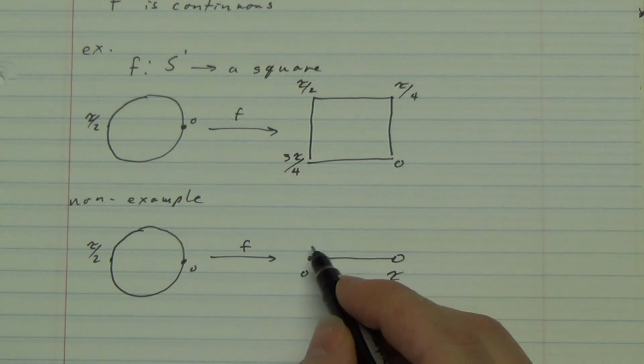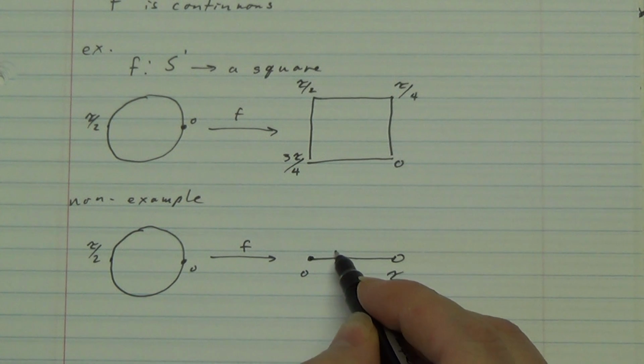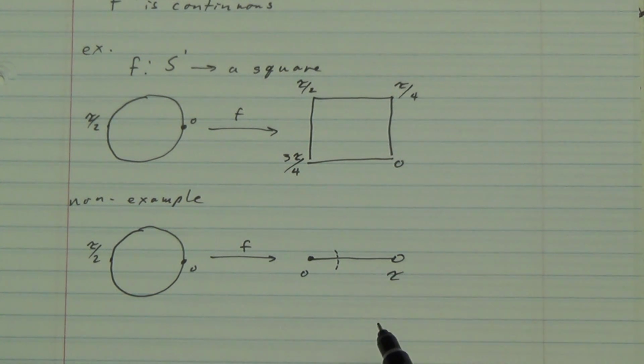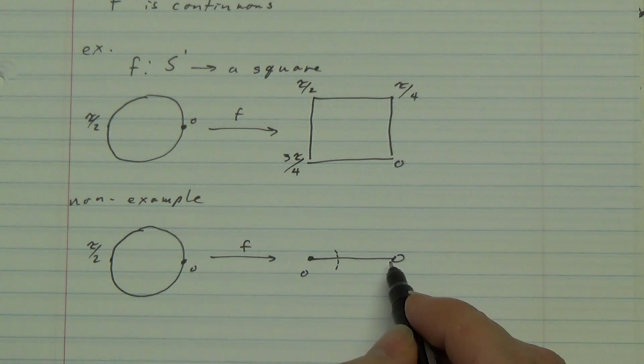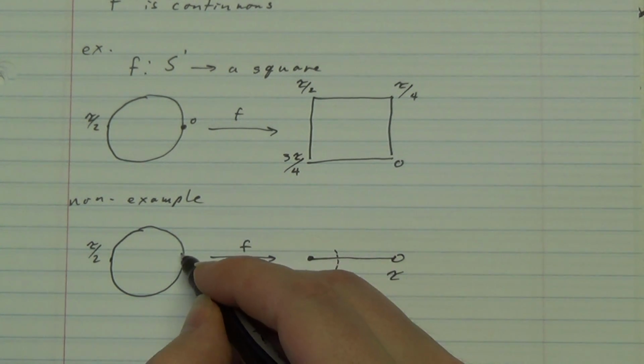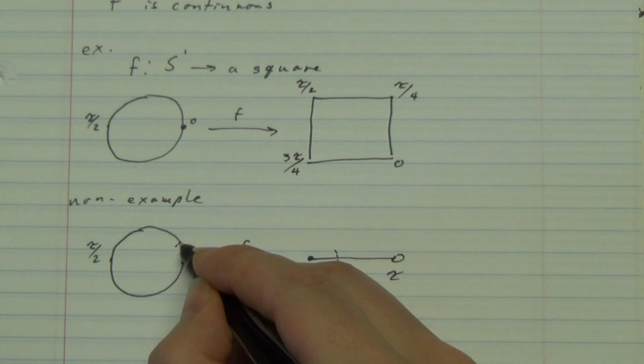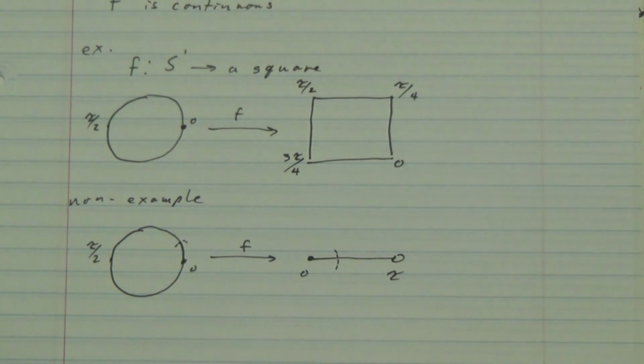Now, we have an open set here. From here to there is an open set in the induced topology on this open interval. The preimage of that is the set from here to here, which is not an open set in the induced topology on this circle. So this F is not a homeomorphism.